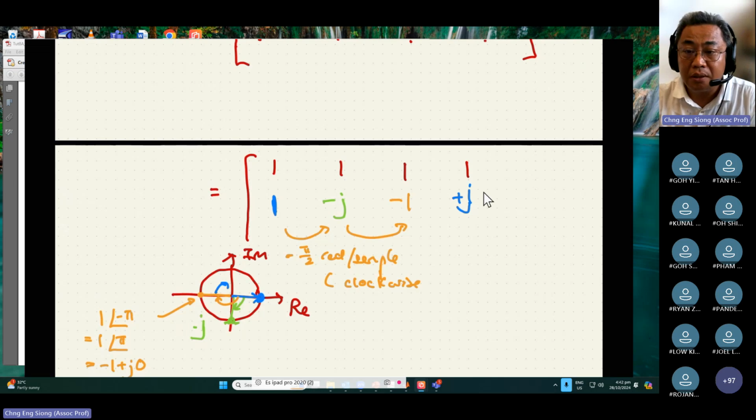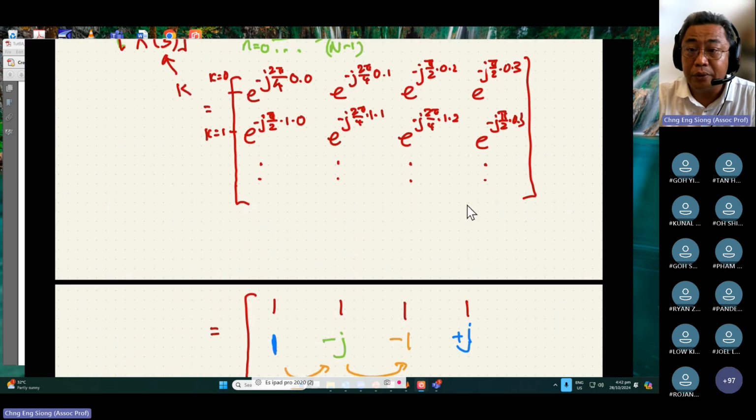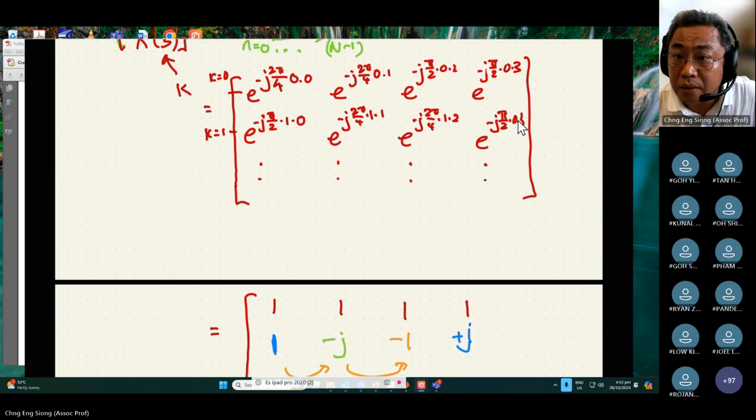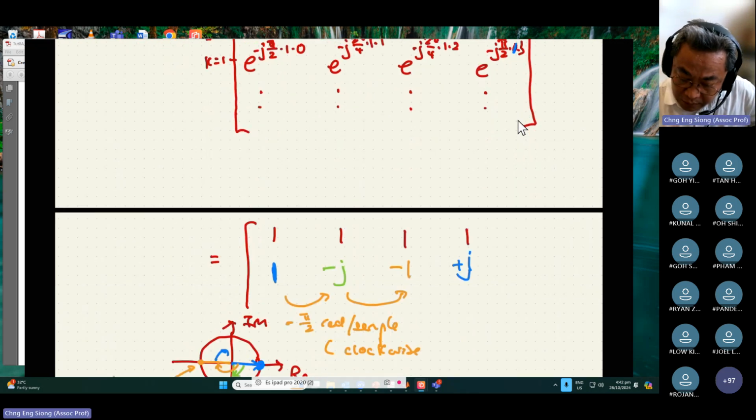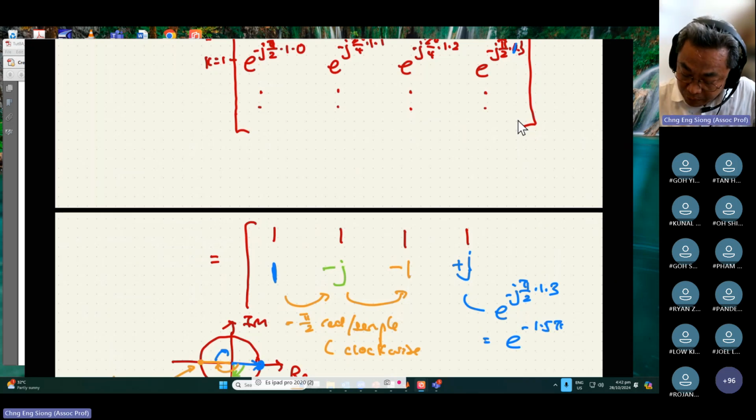Okay, now let's not get ahead of ourselves. Let's go and see our equation. This is e to the minus pi over 2 times 3. This is 1, guys. So this is e to the minus j pi over 2 times 1 times 3, equals e to the minus j 3 over 2 pi, which is 1.5 pi.